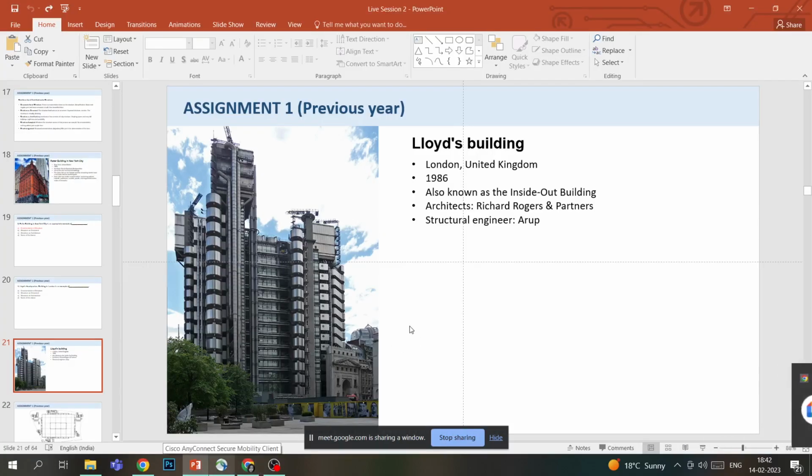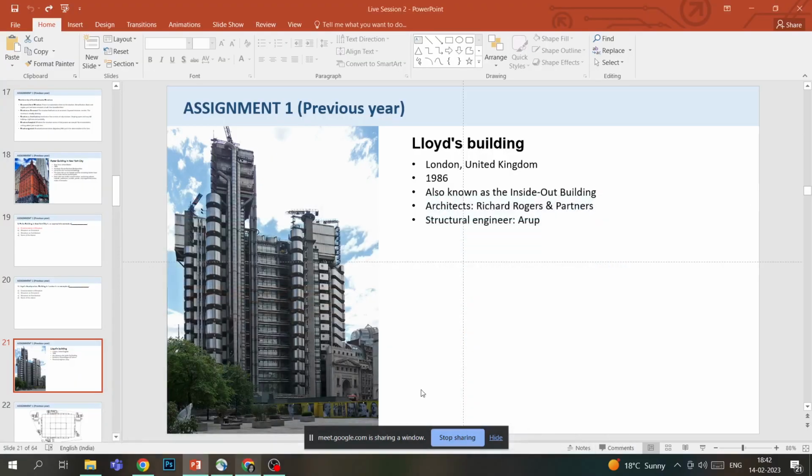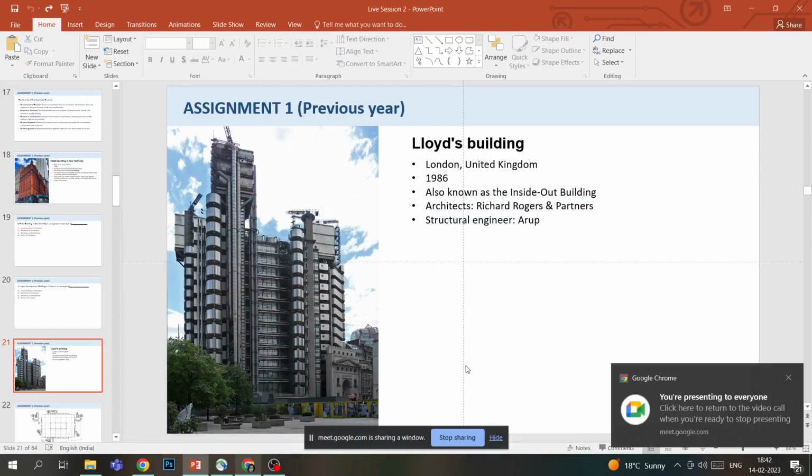And the structural engineer for this building was Arup. So yes, this is called the inside out building.